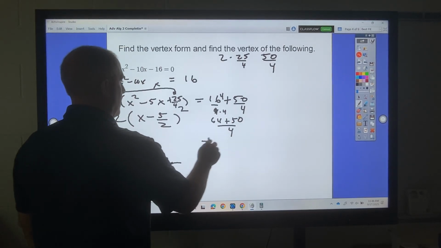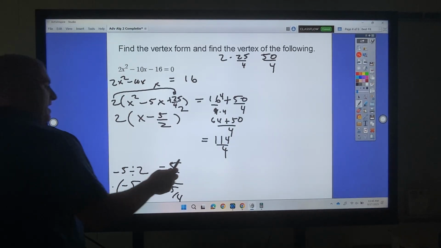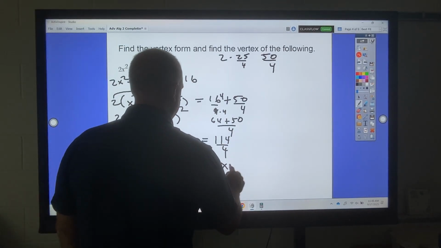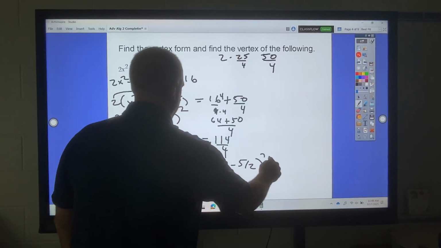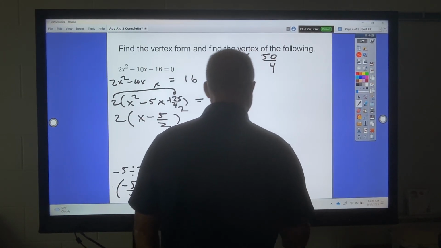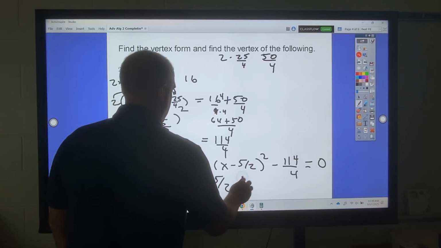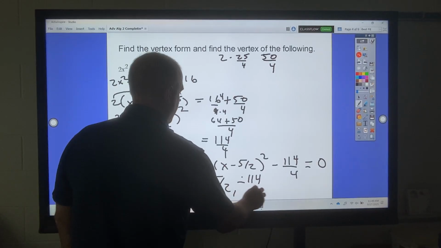So that's going to be 114 over 4. And then to move that back, my vertex form is this: x minus 5 halves squared minus 114 over 4 equals 0. So my vertex is 5 halves, negative 114 over 4.